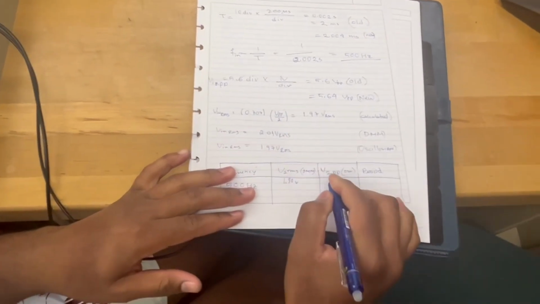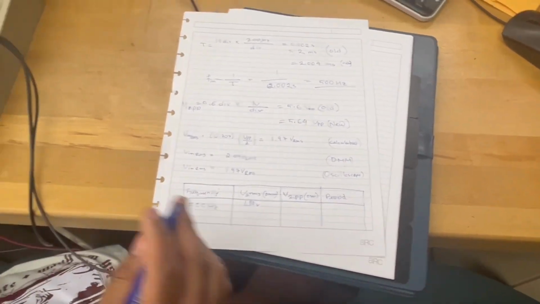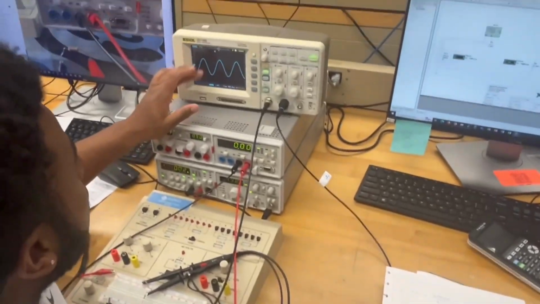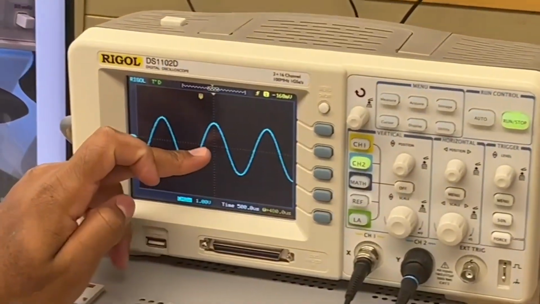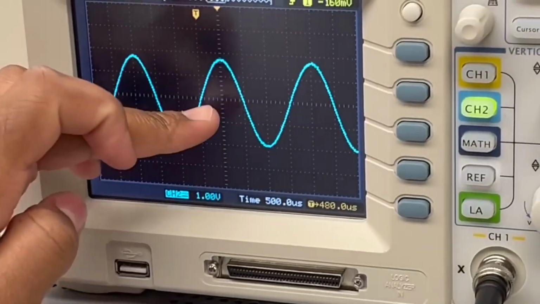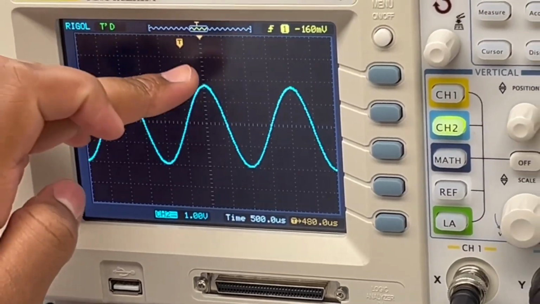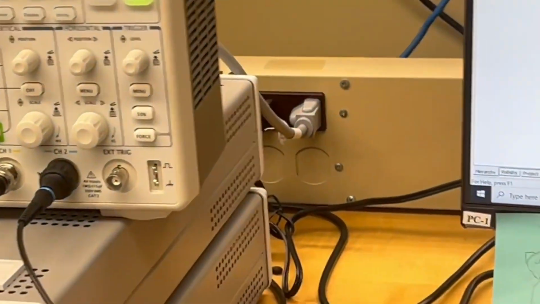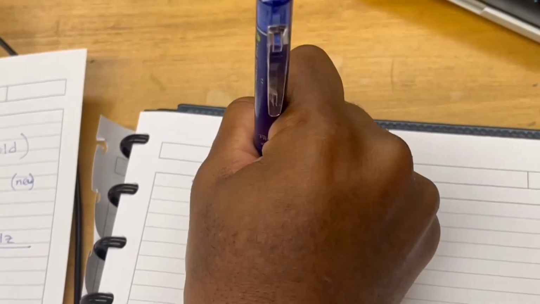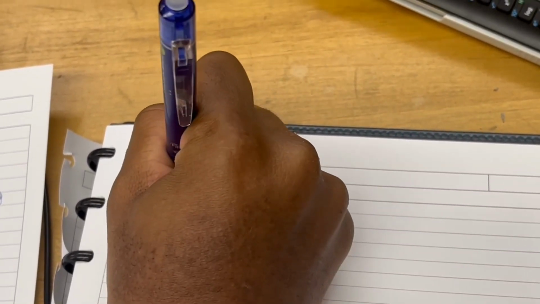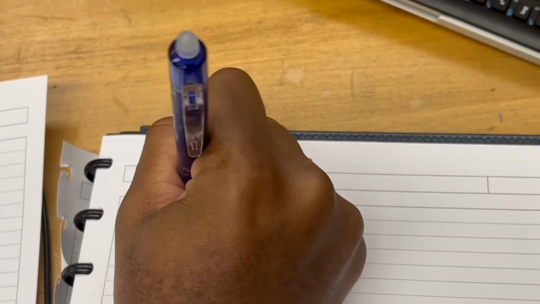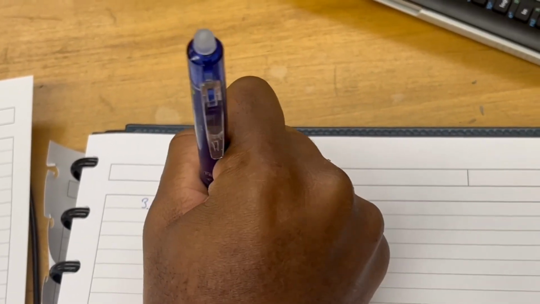Now we'll start with our V2 P to P. Make sure everything is lined up. All you simply do is count 1, 2, 3, 4, and a bit more, and write it down. 3.6 divisions times our voltage source, 1 V per division.